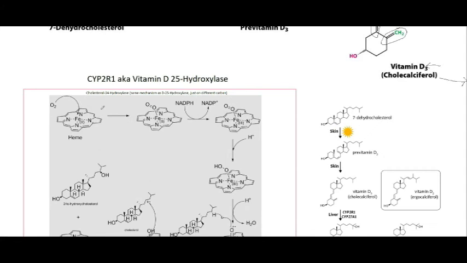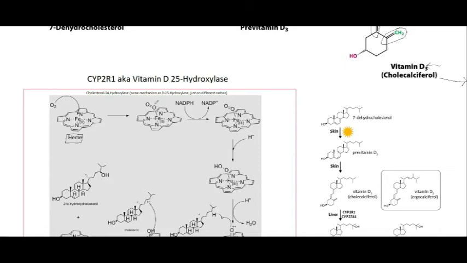So this is the cytochrome P450 2R1, aka vitamin D 25-hydroxylase. This is actually using an iron bound in a heme group, heme of hemoglobin fame. The heme has this oxygen come down and bind to it, just as it would in hemoglobin.